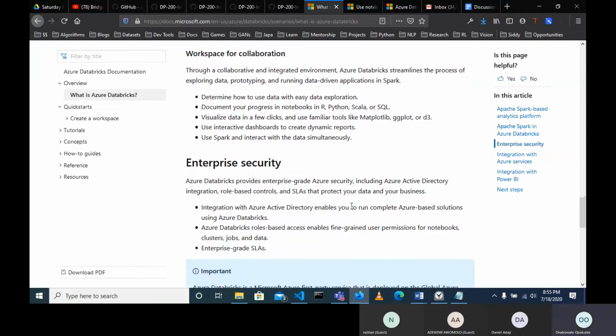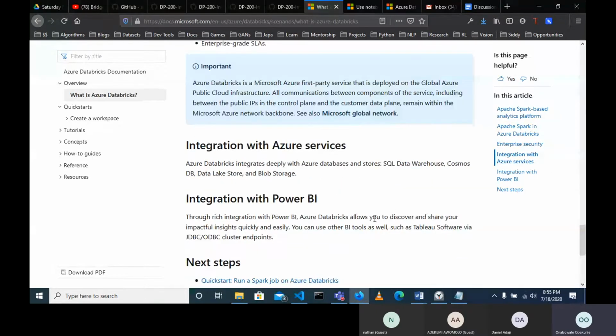Many other Azure services, right? As we saw in that architecture before, you can connect all kinds of Azure storage to Databricks: SQL Data Warehouse, Cosmos DB, Data Lake, Blob Storage. You can also connect it to Power BI.